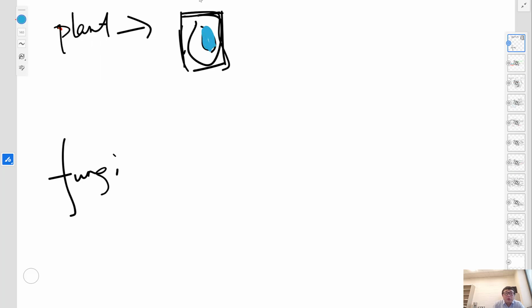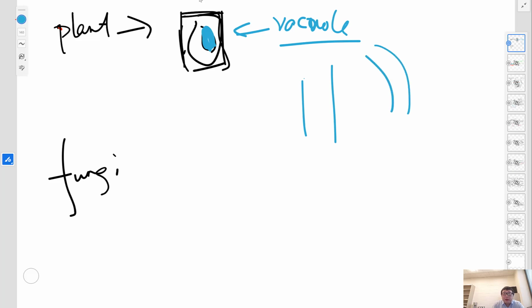This is a fluid filled vacuole, and this vacuole can change position. By changing the position, say this is a plant, the plant can bend this way by making the vacuole smaller on this side and larger on that side, or bend this way by making a small vacuole on this side and a large vacuole on the other side.